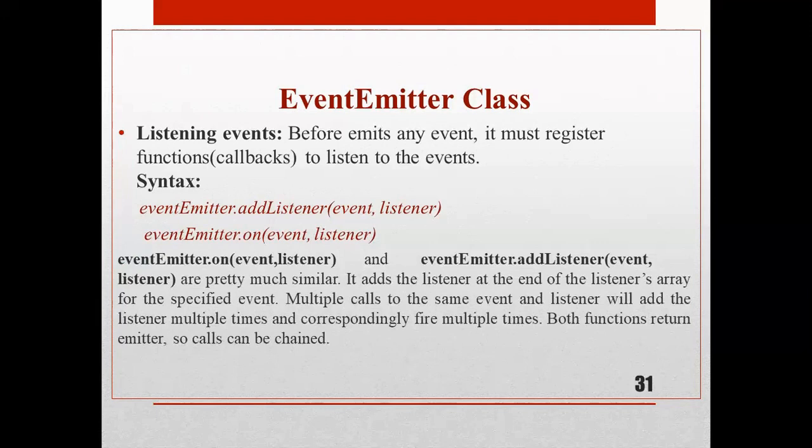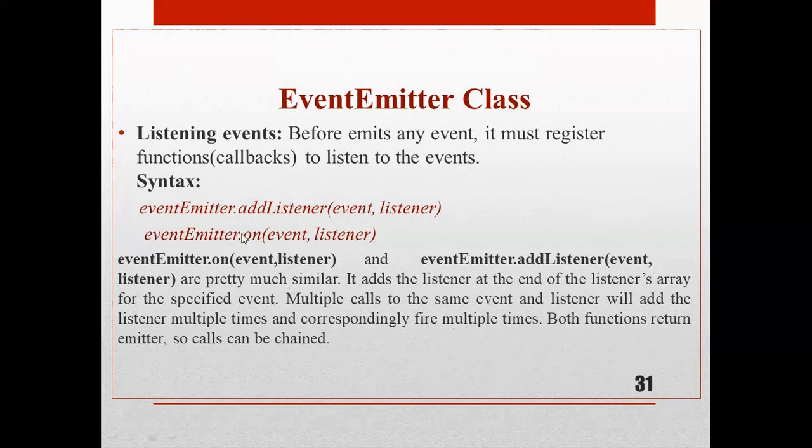Correspondingly it will fire multiple times. So whenever we add a listener and call it multiple times, it will add that listener multiple times and fire the event multiple times.